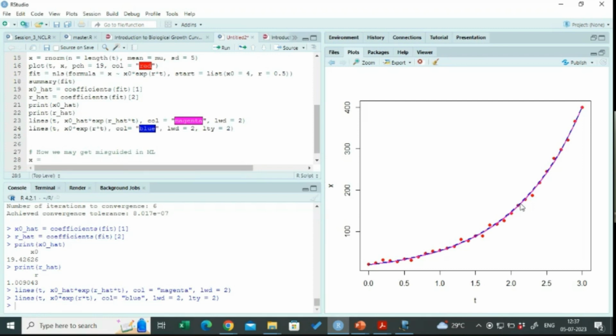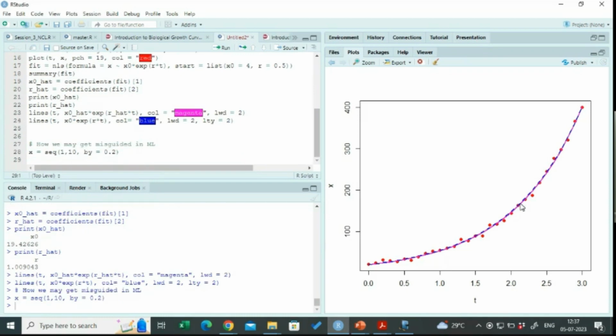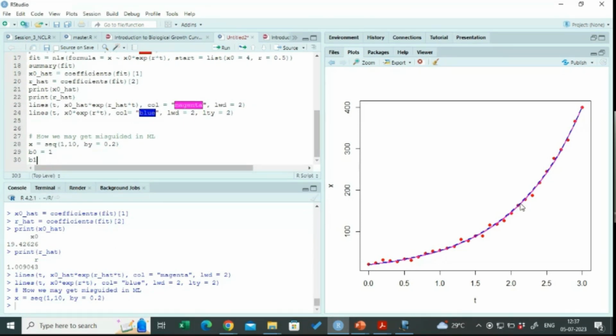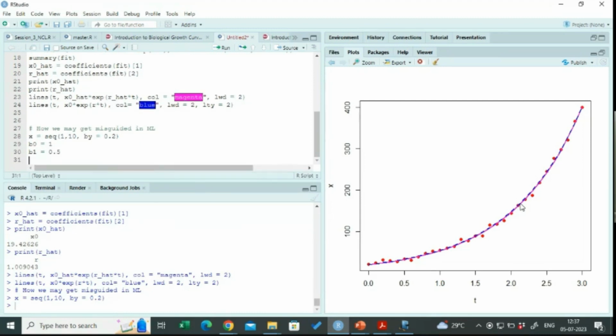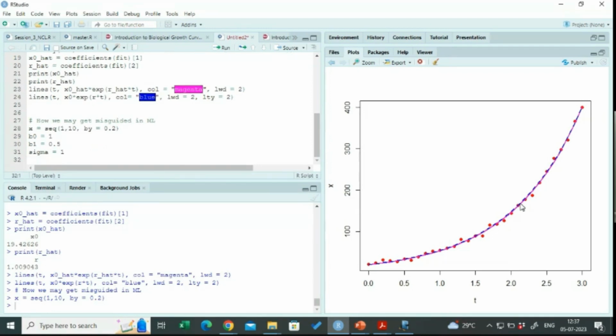Say, for example, you take a sequence of values x from 1 to 10, and suppose you consider b0 is equal to 1, and b1 is equal to say 0.5, and sigma is equal to say, for example, 1.